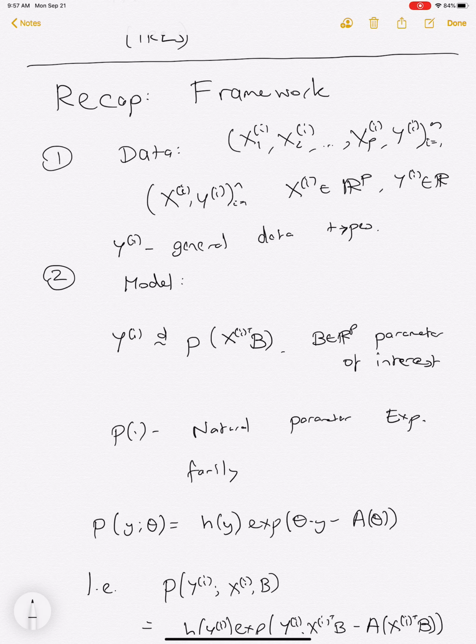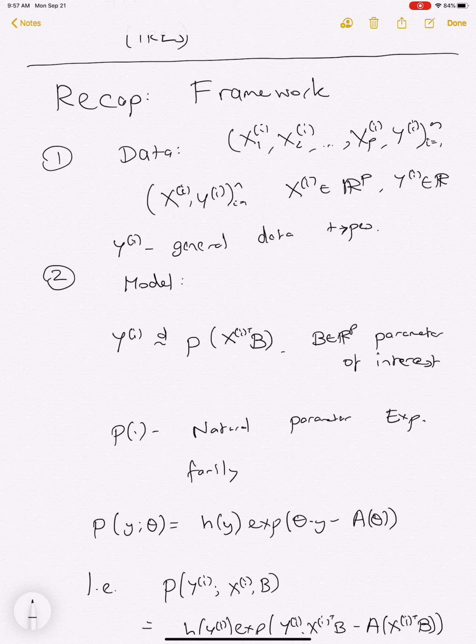It's convenient to use this vector notation where x^i is a p-dimensional vector representing the covariates, and then y^i is a scalar. So you have n x^i vectors, p-dimensional vectors, and then y is a scalar. That's going to be convenient notation to use when we talk about the generalized linear model.